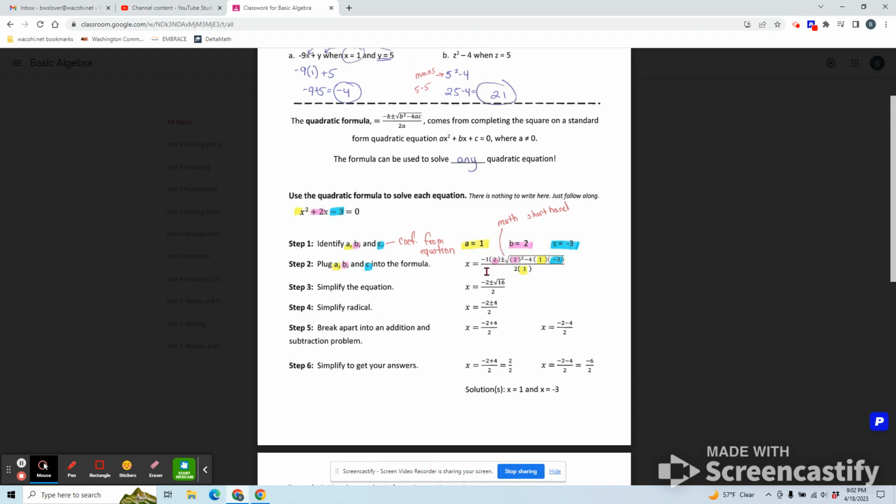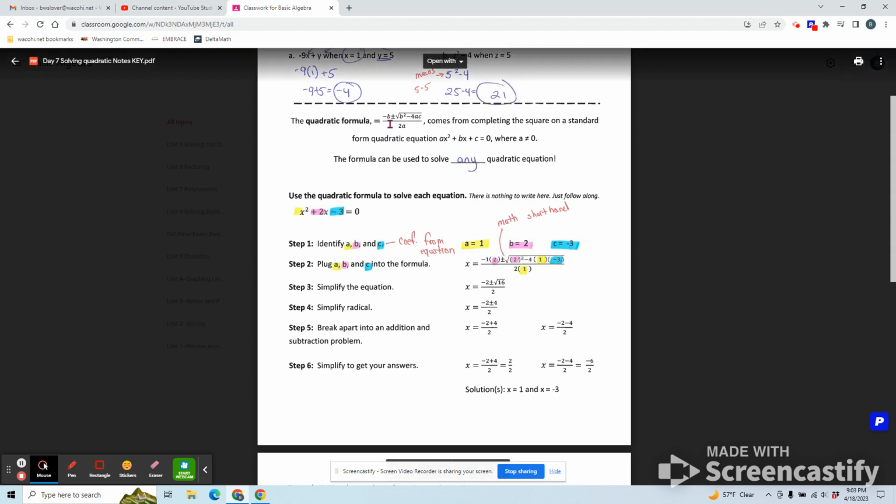Negative 1 times 2 is negative 2. I chose to put all of what was under the square root into my calculator at once: 2 squared minus 4 times 1 times negative 3. I plugged it all in at once and got 16. Now you may be thinking, Mr. Slover, this says negative 1 times 2, but up here it says negative b.